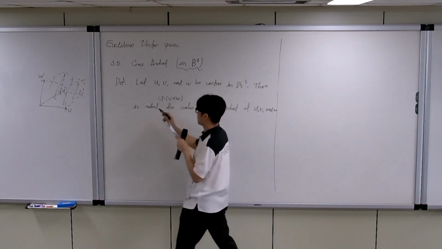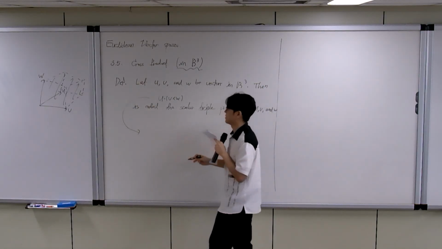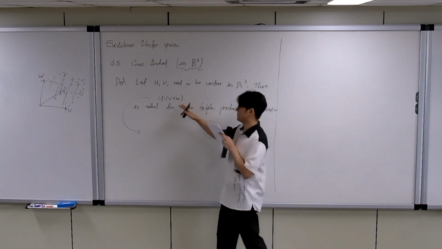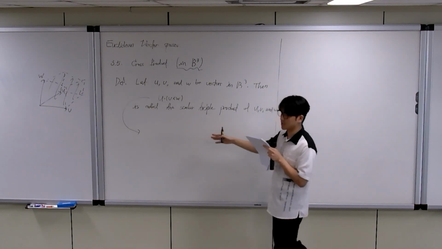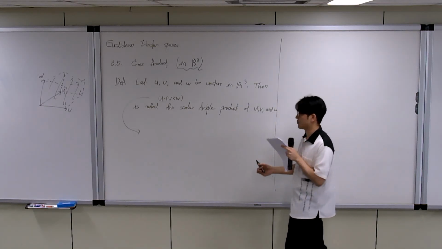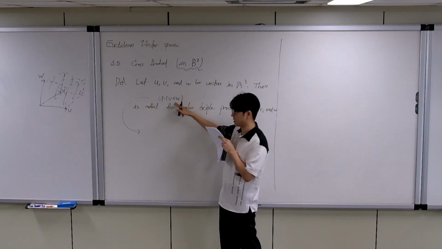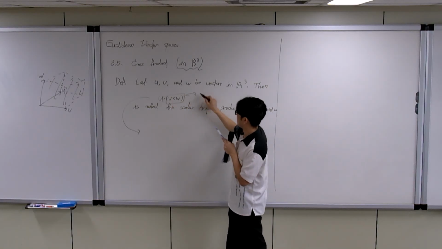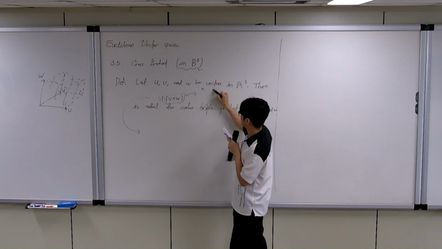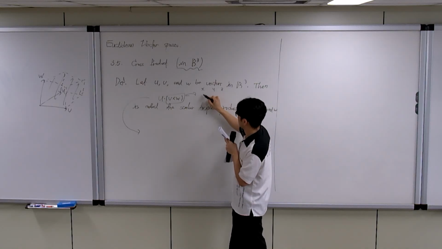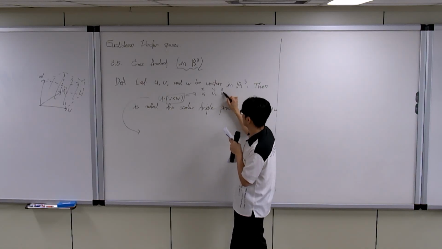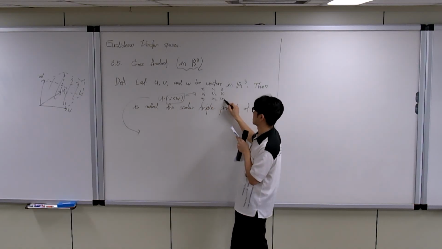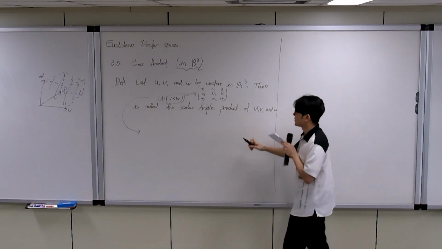Firstly, let's denote that vector's calculation in determinant form, because we said the cross product has the form with x, y, z in the first row, v1, v2, v3, the components of v, and w1, w2, w3, the components of w.